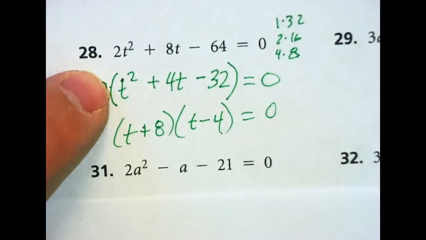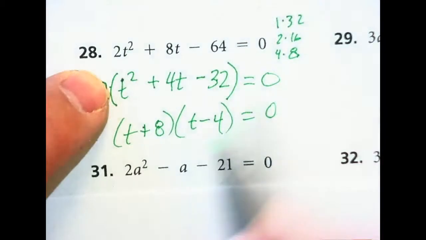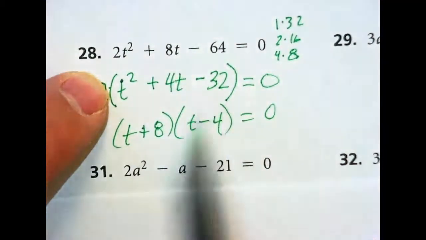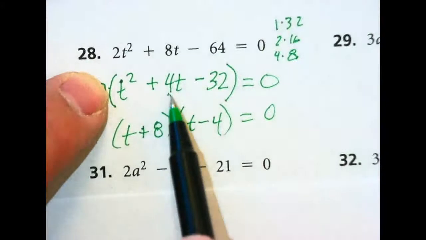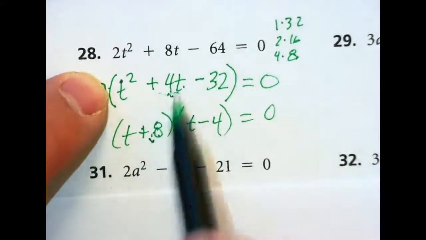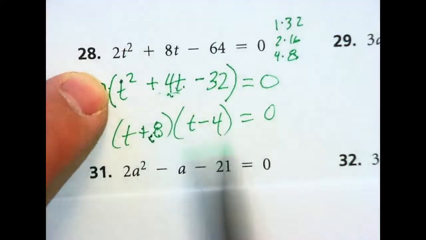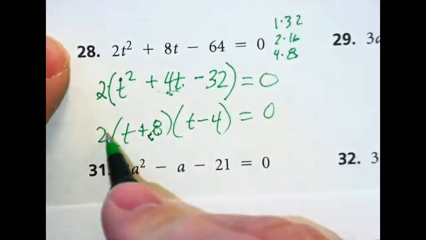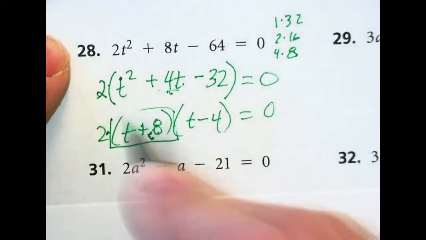Because we have to differ by 4, and we have to have positive 4. So there has to be more positives than negatives. Here we have 4 more positives. So we have 2 times this times this.